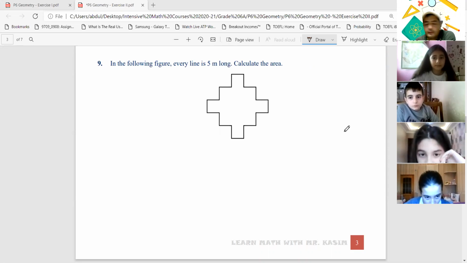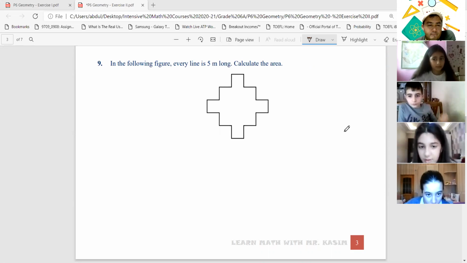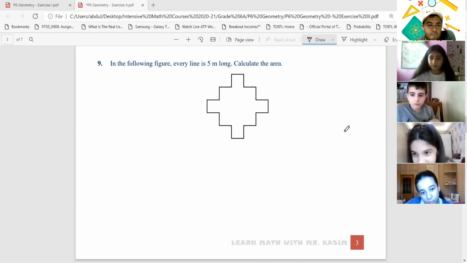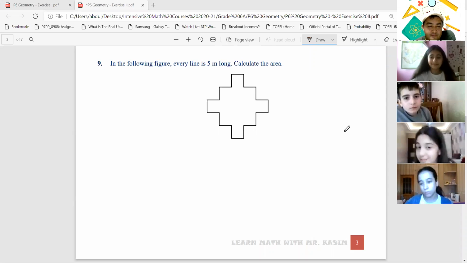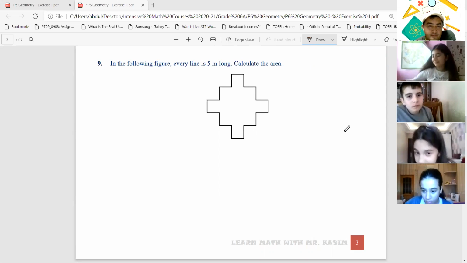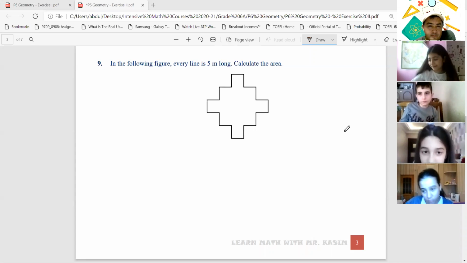I think if we imagine from this figure that we do it as a square, and all these lines are 5 meters.